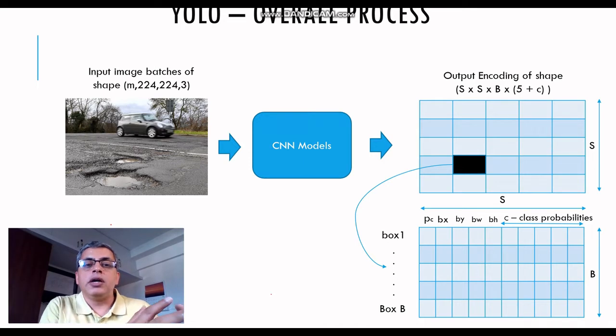Right from object detection to predicting the bounding boxes, it is achieved in just one forward pass of the network, and that's why it's called You Only Look Once.